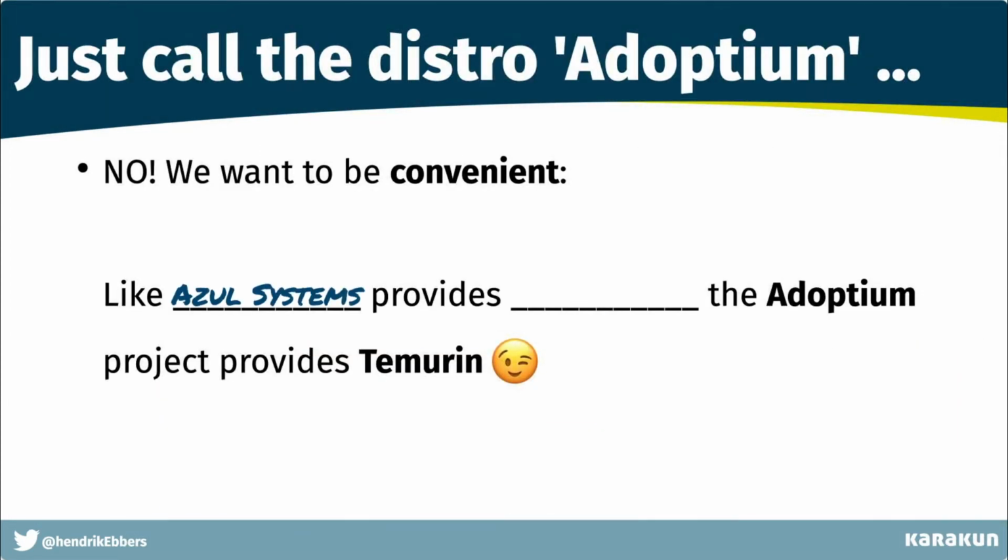Because companies like Azul Systems, for example, have binaries that are named Zulu, Amazon has Corretto, Bellsoft has Liberica, and so on. So what we are doing with Temurin is just like what all the other companies or vendors are doing. You have a vendor name and you have a distribution name. And this just makes sense because, as I already mentioned, we want to do more than just Temurin.